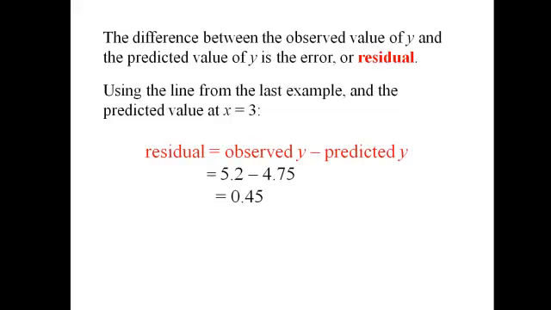So from our last calculation, we'd say that the residual for the point (3, 5.2), which was actually a point in our data, is the observed y minus the predicted y, which is 5.2 minus 4.75, or 0.45.